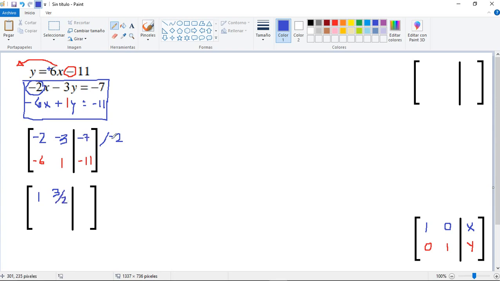And negative 7 divided by negative 2 equals positive 7 halves, okay? And then we're just going to copy the bottom equation. Negative 6, 1, negative 11.